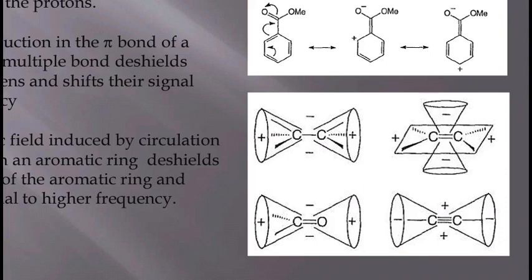This is attributed to a ring current caused by the circulation of pi electrons around the ring on application of an external field. The circulating electrons produce a field that adds to the external field at the position of the protons, so causes shifts to higher frequency.